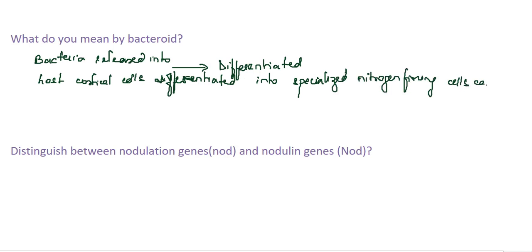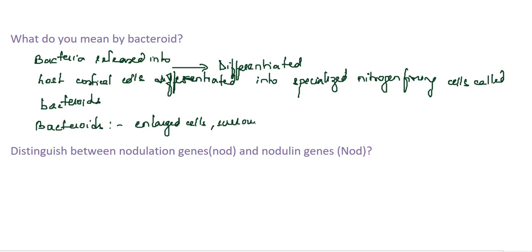Now, what is the difference between bacteria and bacteroids? These bacteroids are enlarged cells surrounded by a membrane known as peribacteroid membrane.